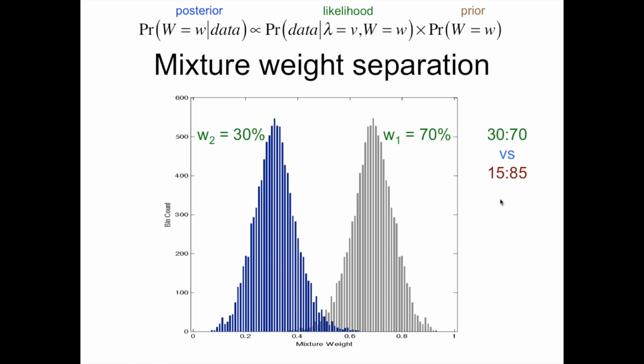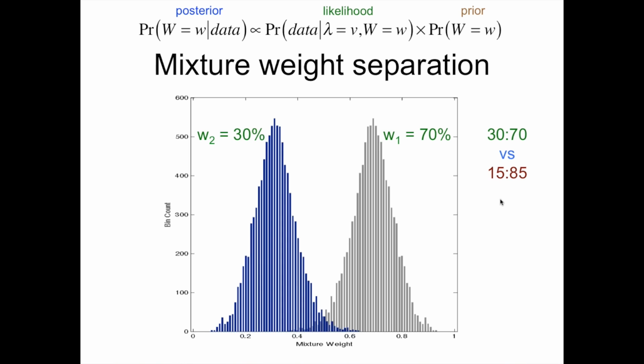And here we see the mixture weight separation is giving a major component, which was the victim, shown as a gray bell curve, with a mean around 70%, and the mixture weight of the second component is shown in blue on the left with a mean of around 30%. So the computer, when it accounts for degraded DNA, is finding a 30-70 mixture.